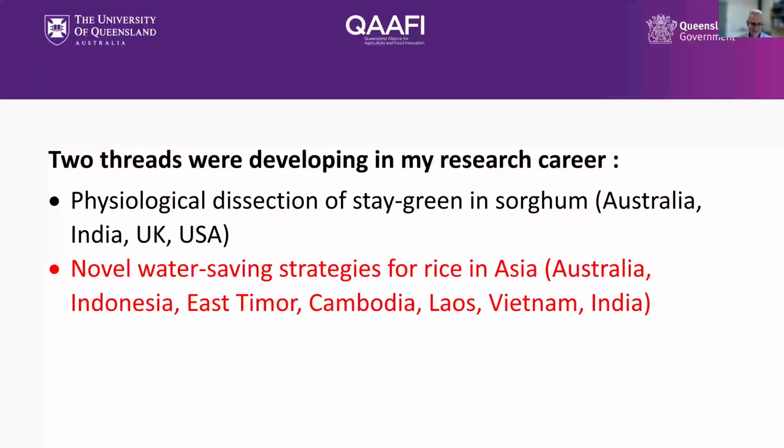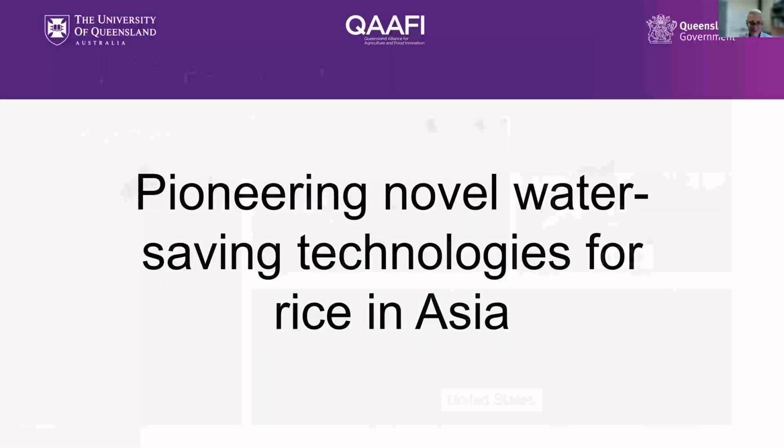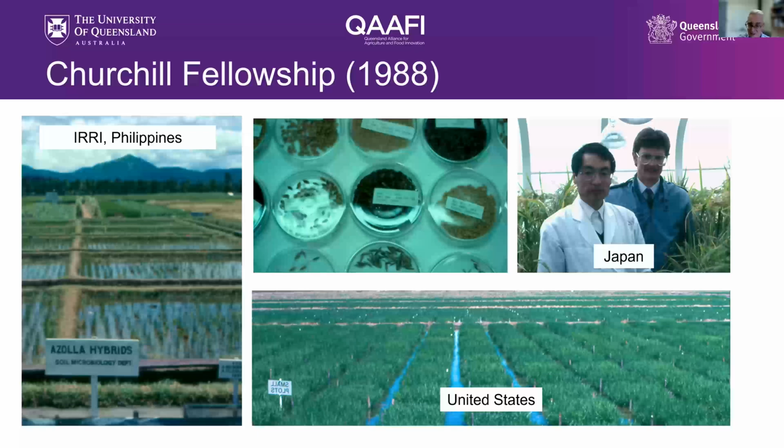The second thread that I was working on was novel water-saving strategies in rice in Asia, and pioneering these strategies. I did a Churchill Fellowship in 1988, and I spent some time at the International Rice Research Institute in the Philippines, at 10 institutions in Japan, and then at a number of research institutions in the southern United States.